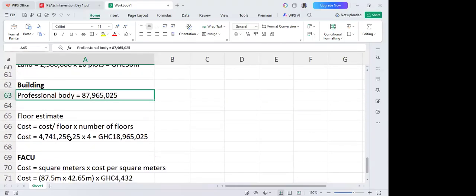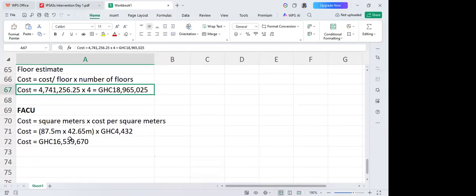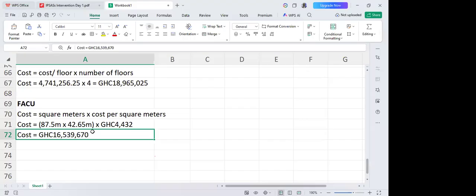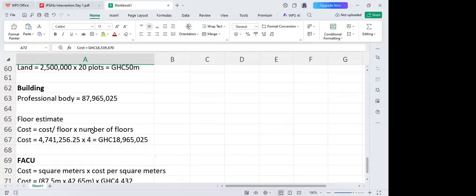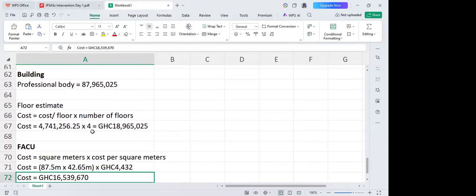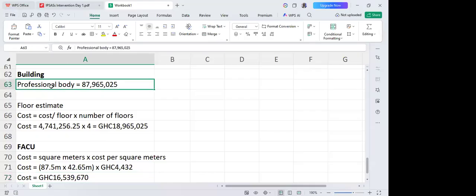We have one by the professional body, one using the floor estimate, and one using the fixed asset coordinating unit. The question will be, which one are we going to go for? The standard will tell you that you use the best judgment. The best judgment is to go for the professional body because they are certified and they know the actual deal.